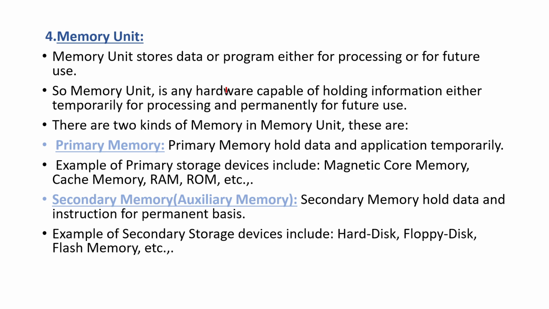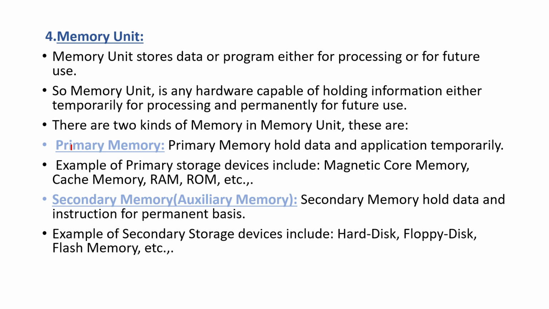So it is any type of hardware, like your memory card, then pen drive. These are memory units. Hard disk is also a memory unit which is capable of storing information.